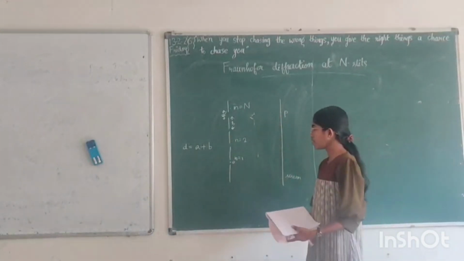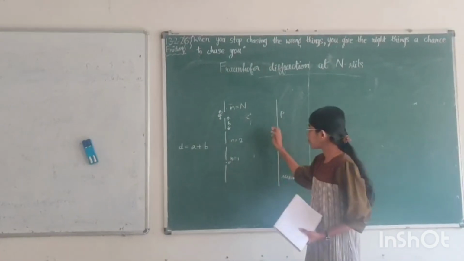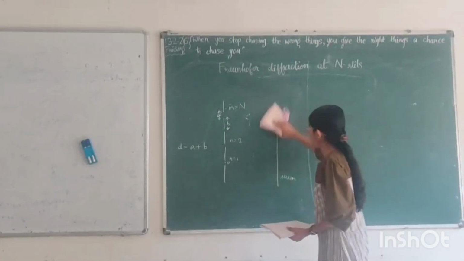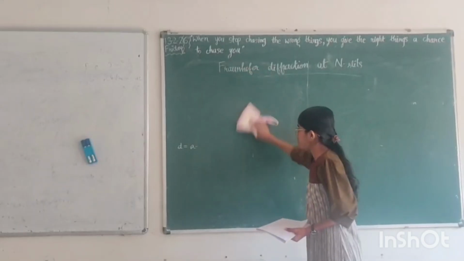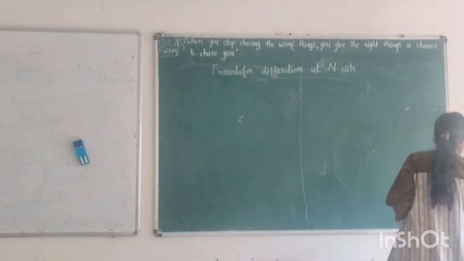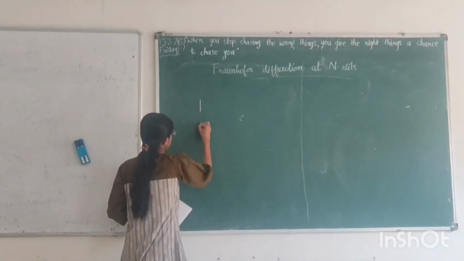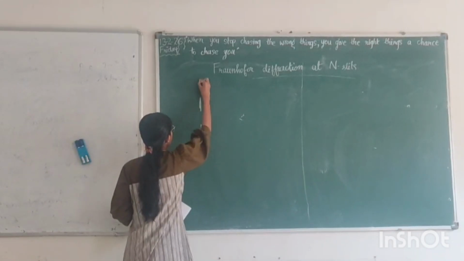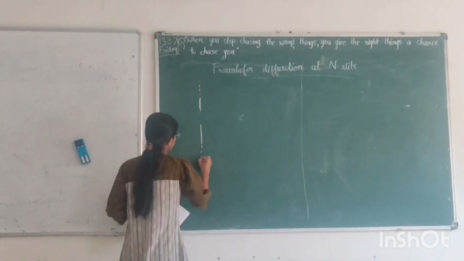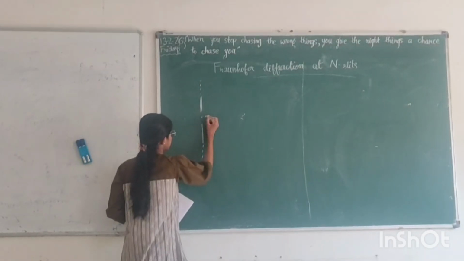Here we are now considering the Fraunhofer diffraction at a single slit. This is the center of this single slit.